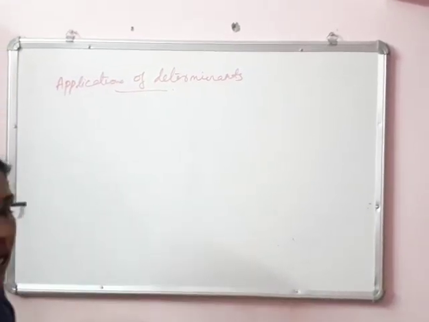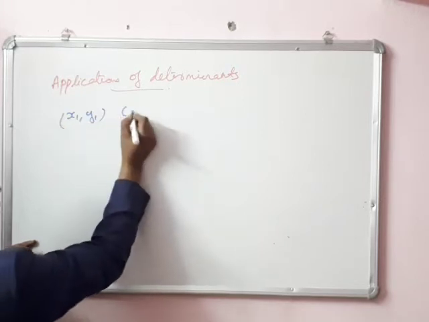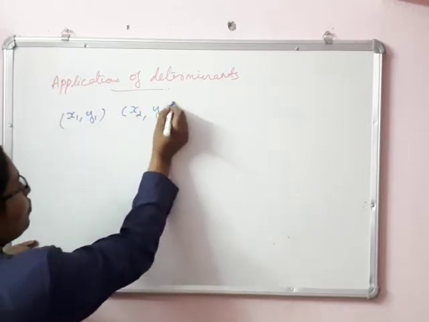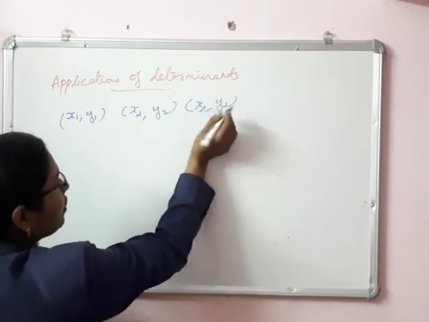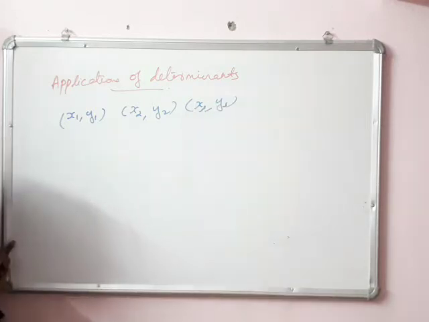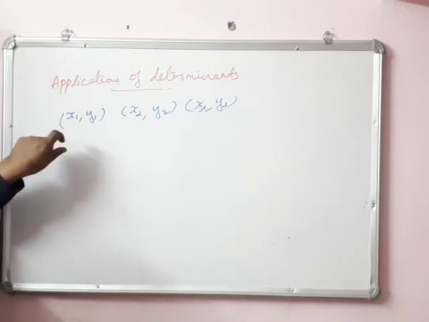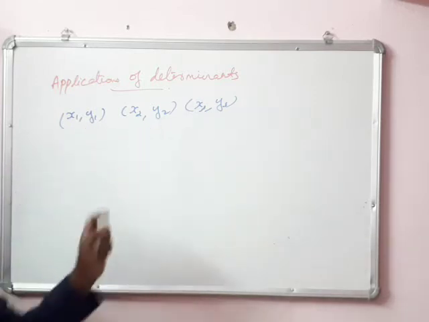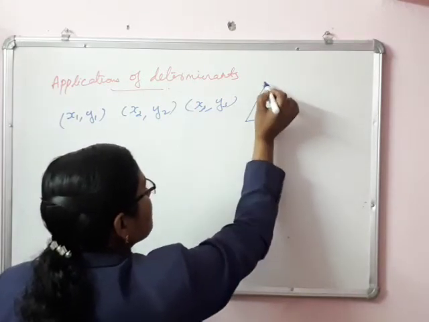For that, let us consider that x1, y1, x2, y2, x3, y3 are the coordinates, or vertices, of a triangle, as we studied in the 10th standard.